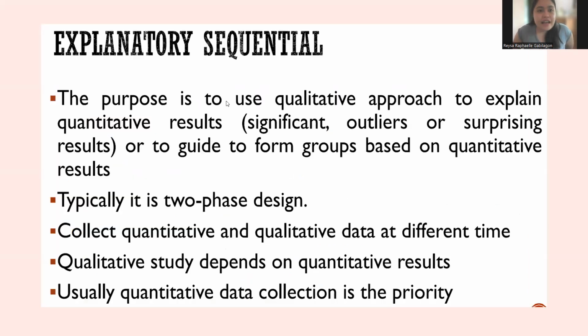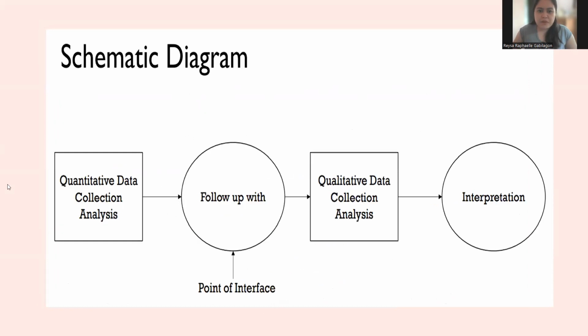Okay? Now, the second one is explanatory sequential. So from the name itself, sequential, may sequence tayong sinusunod for this one. Let me explain the explanatory sequential using this diagram. Anong ginagawa dito?